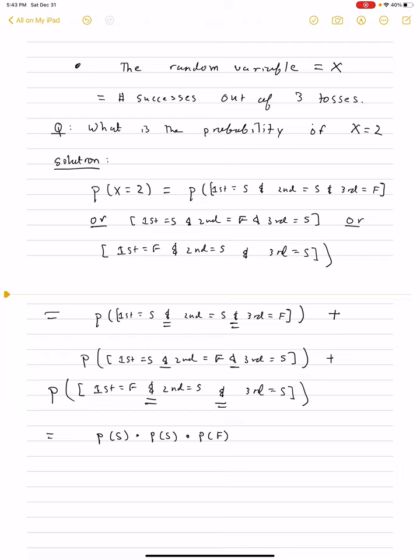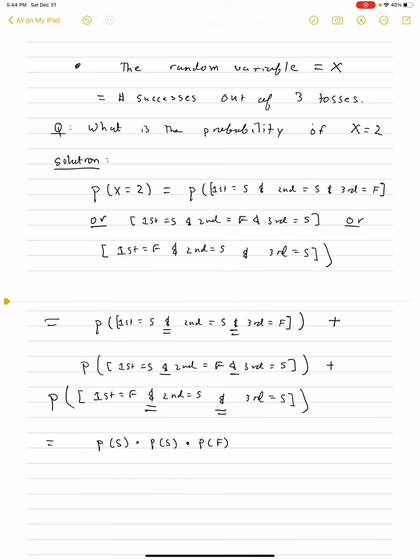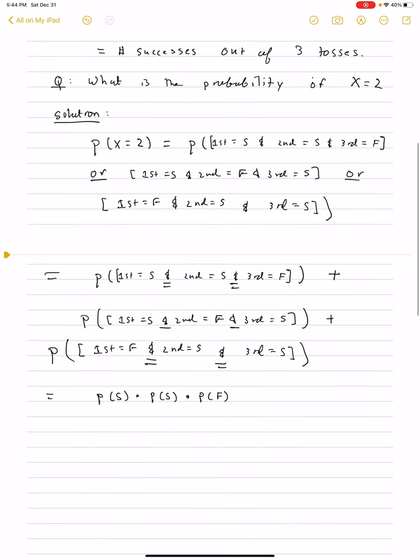Now, the second one is going to have two probability of successes. Because they're in slightly different order, it doesn't matter because they're being multiplied. So I'll just do P of S squared times probability of failure. And the last outcome, despite that it's failure, success, success, that's still probability of success squared times probability of failure.